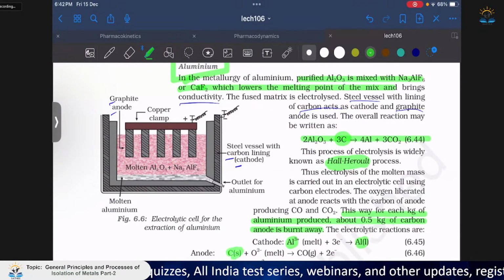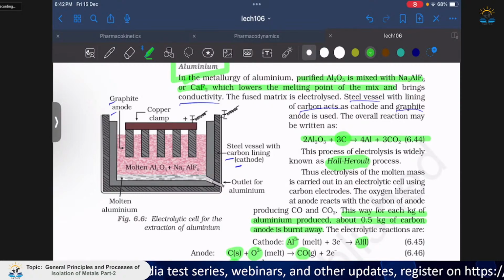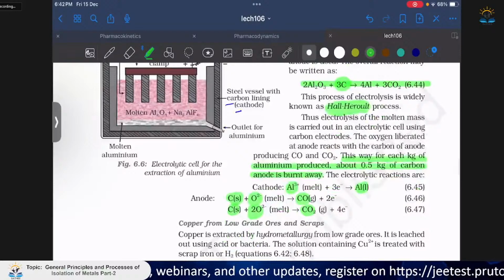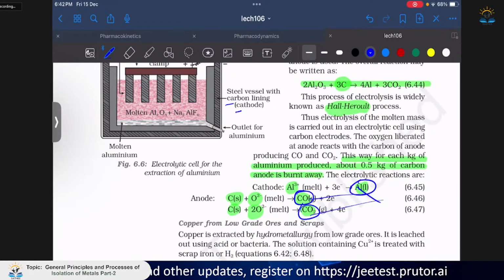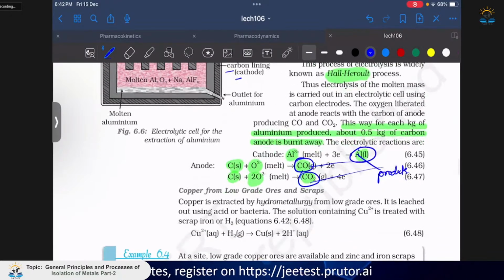At the anode, anions are oxidized, either to carbon dioxide or carbon monoxide. So these three are the products. We have done the aluminium part.